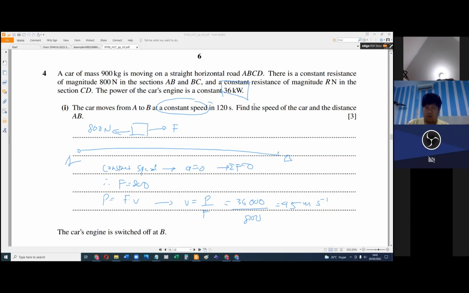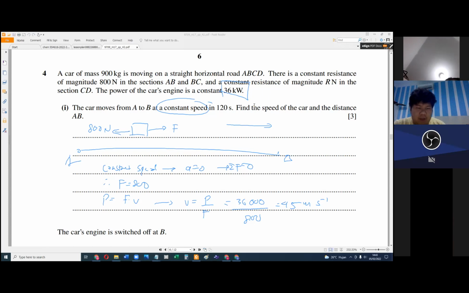Okay, up until this, any question? I repeat, the power is force times velocity. We got the force because it's constant speed. The power is always constant. We know the power, we know the force, so we can find the velocity.